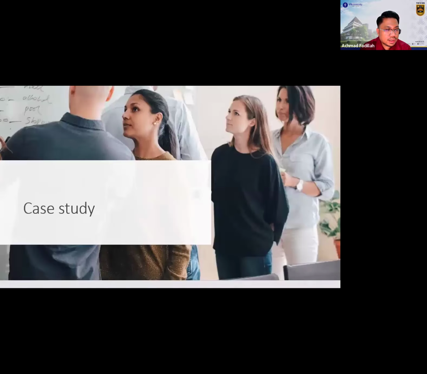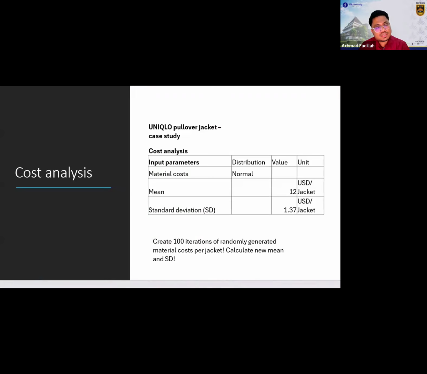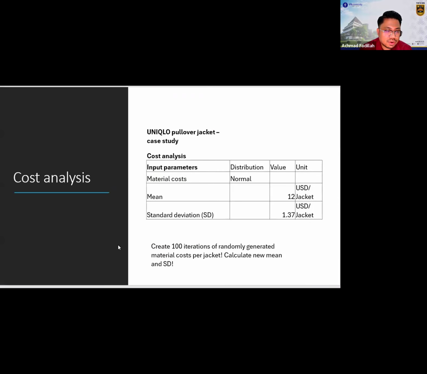And then we move to the case study, and that's the last part of this course. About the case study, first, we can use the simulation modeling. I will share this material, including the Excel files, for you to learn about this simulation modeling.